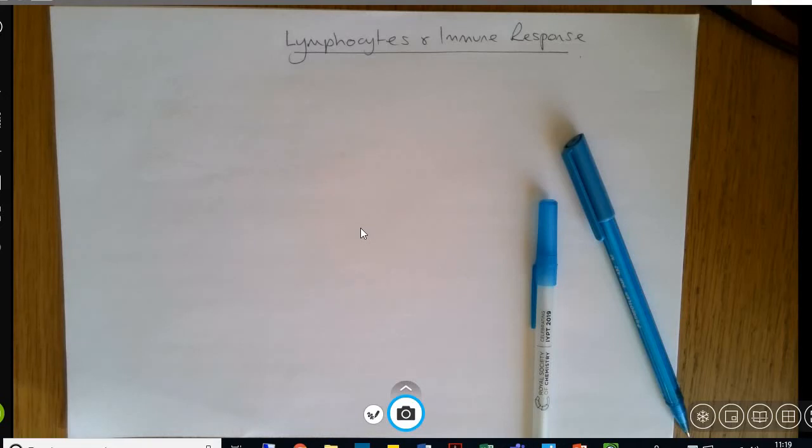This is going to focus on lymphocytes and our specific immune response. We're talking here about white blood cells. Lymphocytes are a type of white blood cell, and we're talking about B and T lymphocytes.